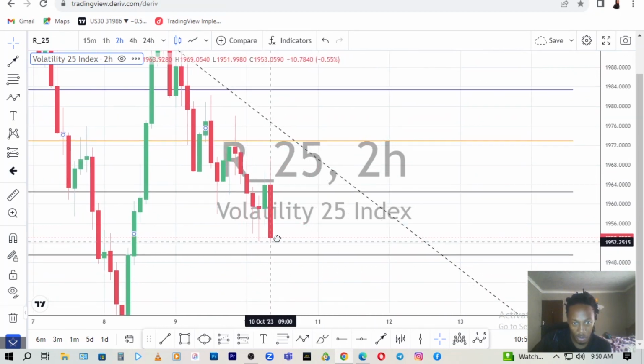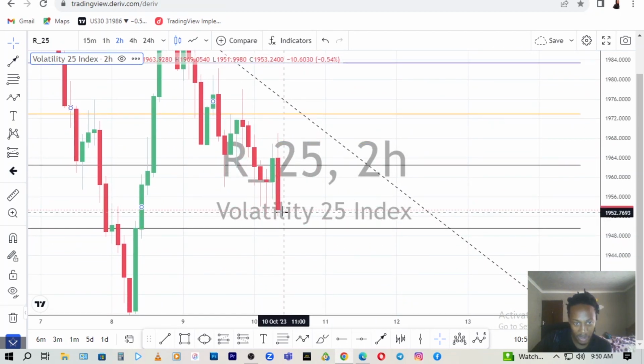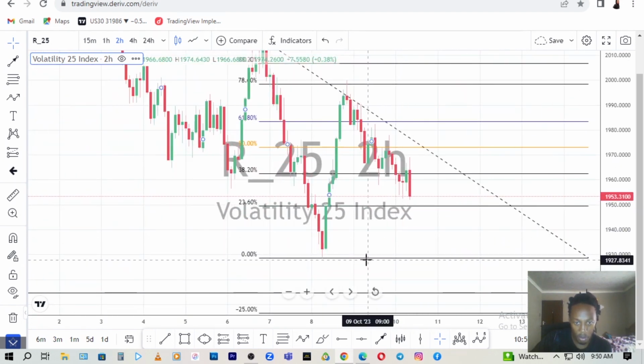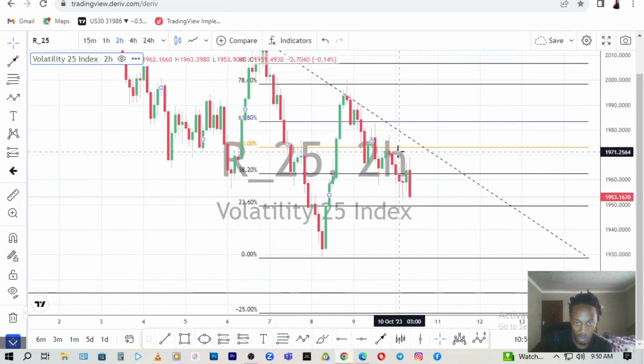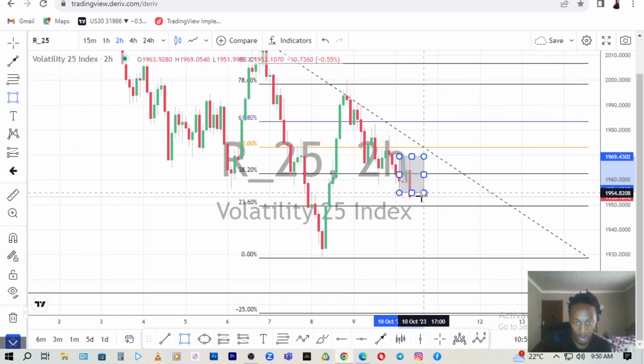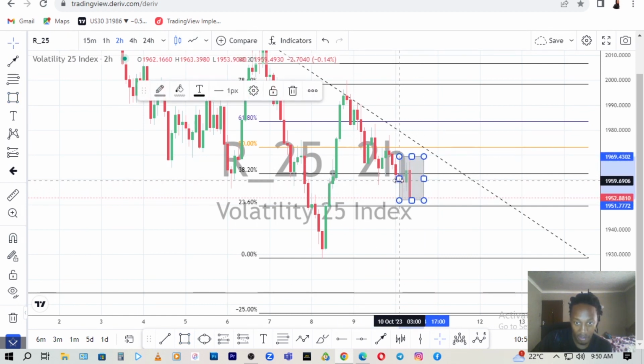So after the close of this candlestick, you can simply enter, then overall you'll be targeting this area. Then your stop loss is above your candlestick pattern. So here, what did we get as a candlestick pattern? We got a bearish engulfing.